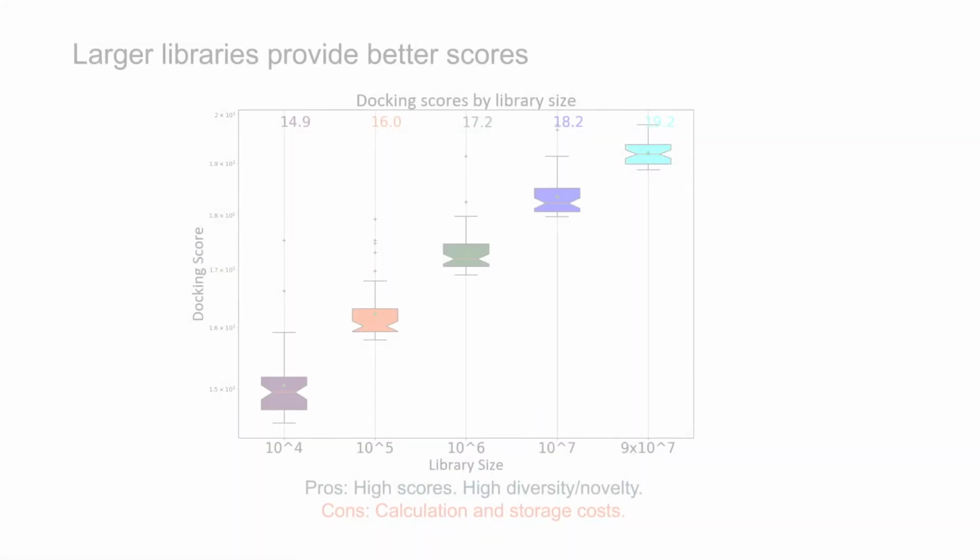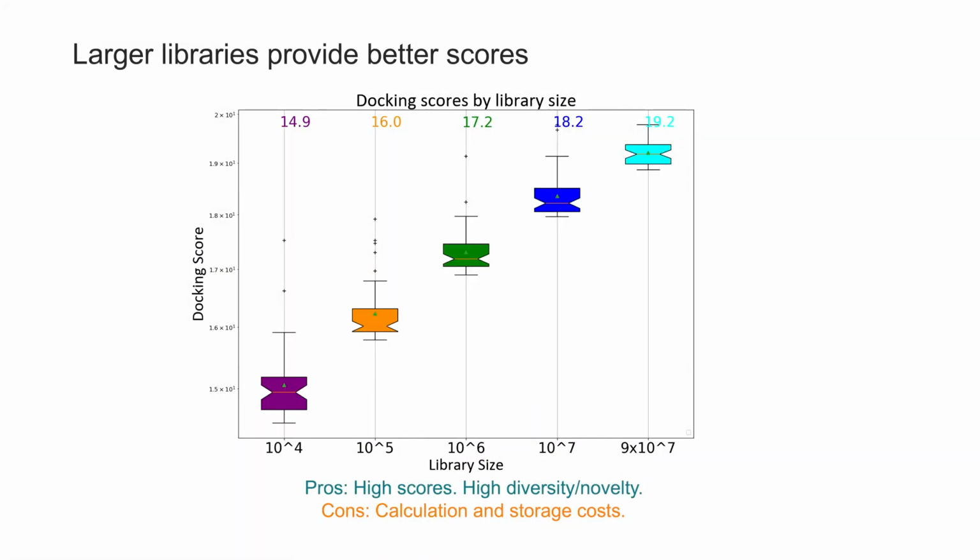So why are these vendors looking to make these utterly enormous libraries, which have been increasing in size all the time? Well, it's because these libraries give you better answers. Here I'm looking at a database of about 90 million molecules from what's known as the Enamine diverse set. As we go left across the plot, we're taking increasingly small subsets down to only 10,000 out of the original 87 million.